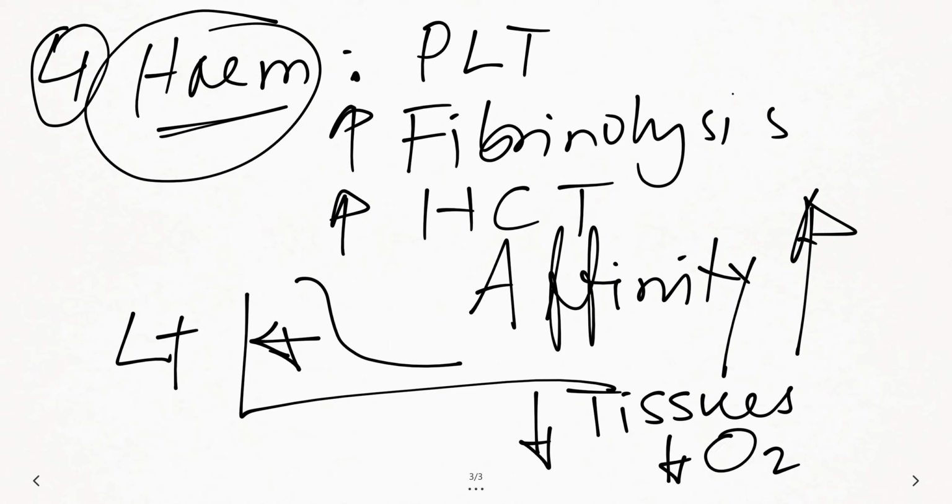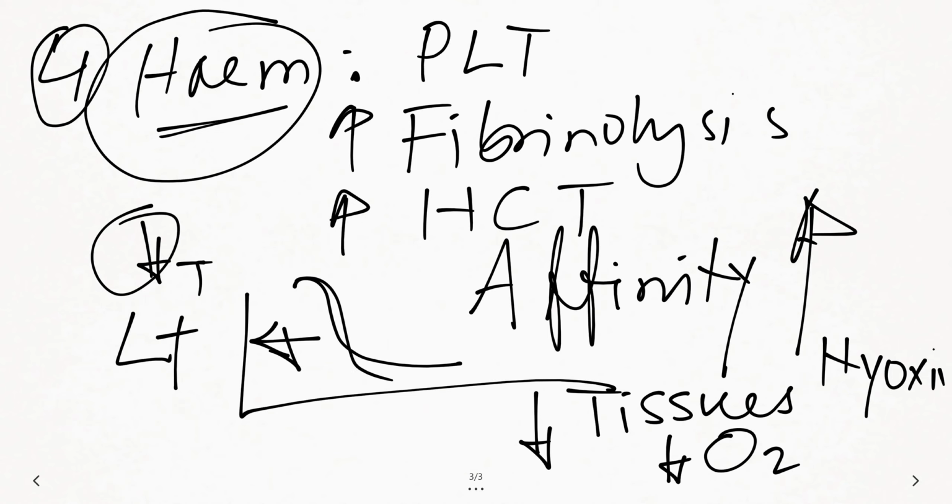In other words, they are hypoxic, right? Well, so this will make more problems. So the low temperature itself will take the curve to the left, will increase the affinity to oxygen, and will cause hypoxia. Okay, so these are some of the complications that may occur.